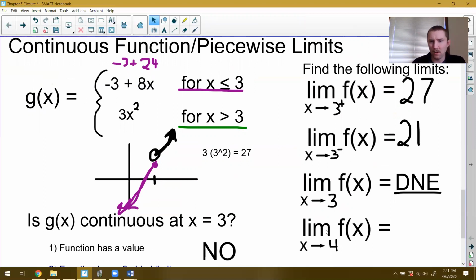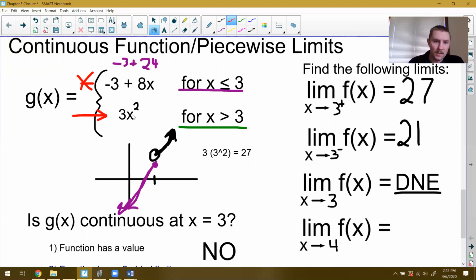But in this case, if I plug x equals 4 into the function, the first question is, which piece of the function should I be using? Should I be using this piece or this piece? Well, 4, last I checked, was bigger than 3. So because 4 is bigger than 3, I need to use this piece of my function right here, not that one up there, because that was for x less than 3. This is for x bigger than 3, which 4 certainly is.